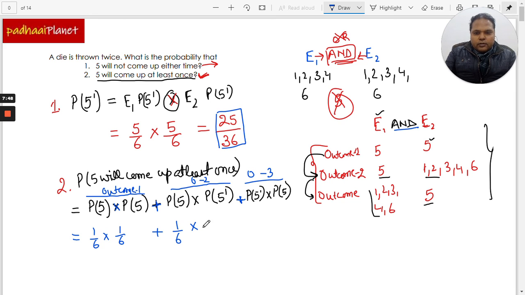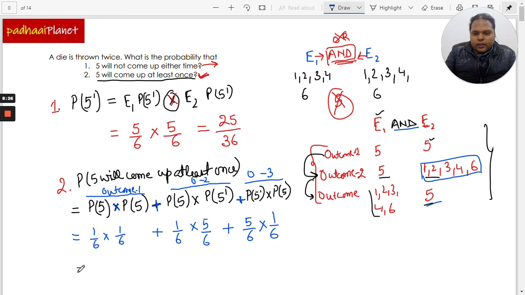So that will be 5 over 6, because in event 2 the probability of 5 not coming is 5 over 6. Then we have again plus, now we are writing P5 dash, so that is 5 over 6 multiplied by the probability of 5 coming, so that's 1 over 6.